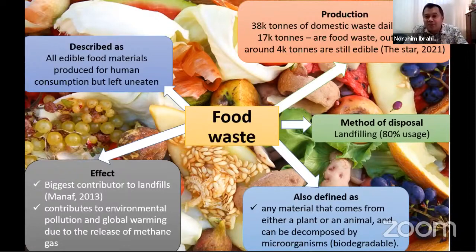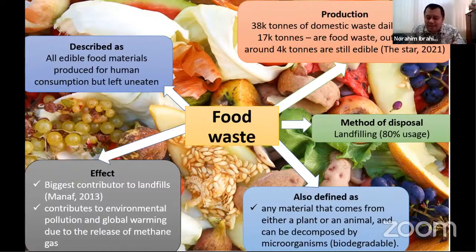That's a lot of food waste. To make it worse, out of that 38 million, 4 million tons of food waste thrown in the bin or in the landfills were still in edible form, masih boleh makan tapi buang. So that's how much we do.